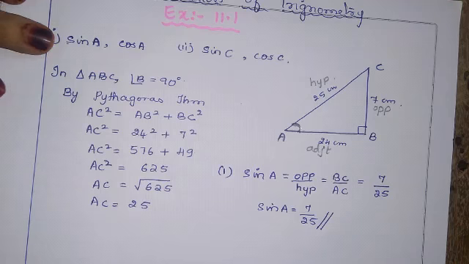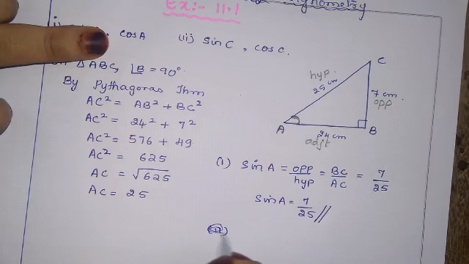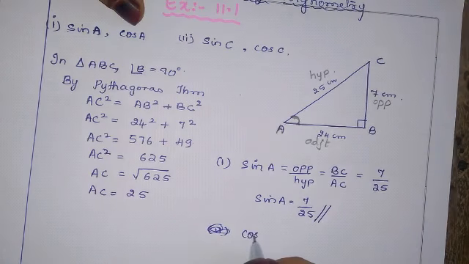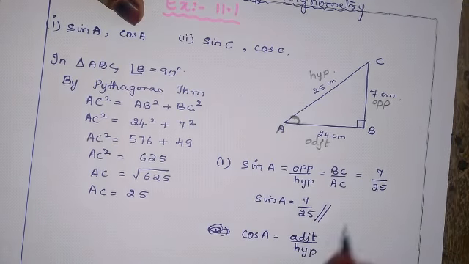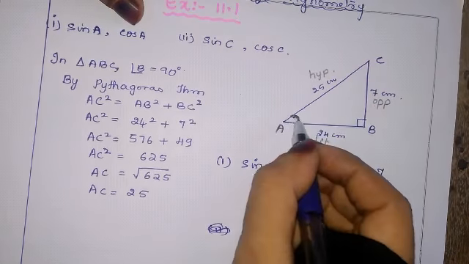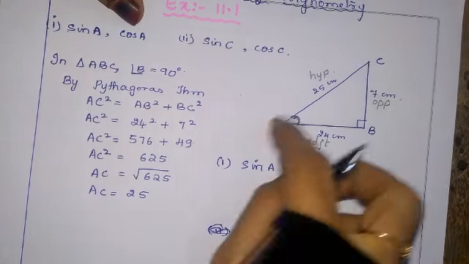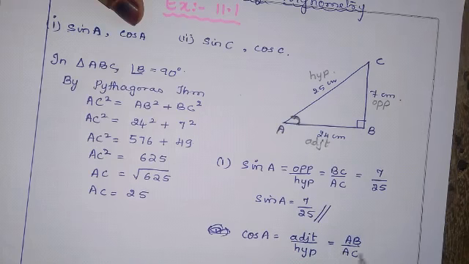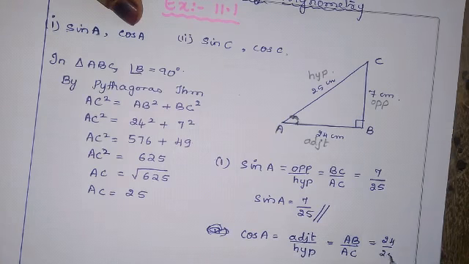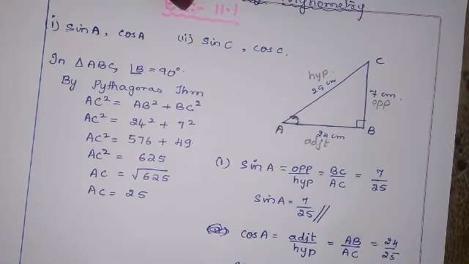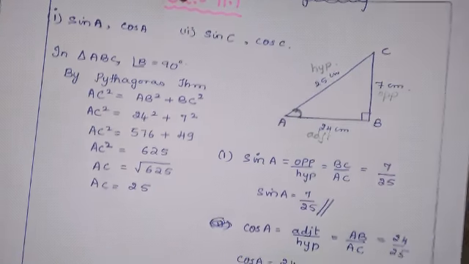This is the value of sin A. Similarly, cos A is adjacent upon hypotenuse. Which is adjacent? The side along the angle line, AB. AB upon AC, that is 24 upon 25. So cos A is 24 upon 25. This way we have to find.